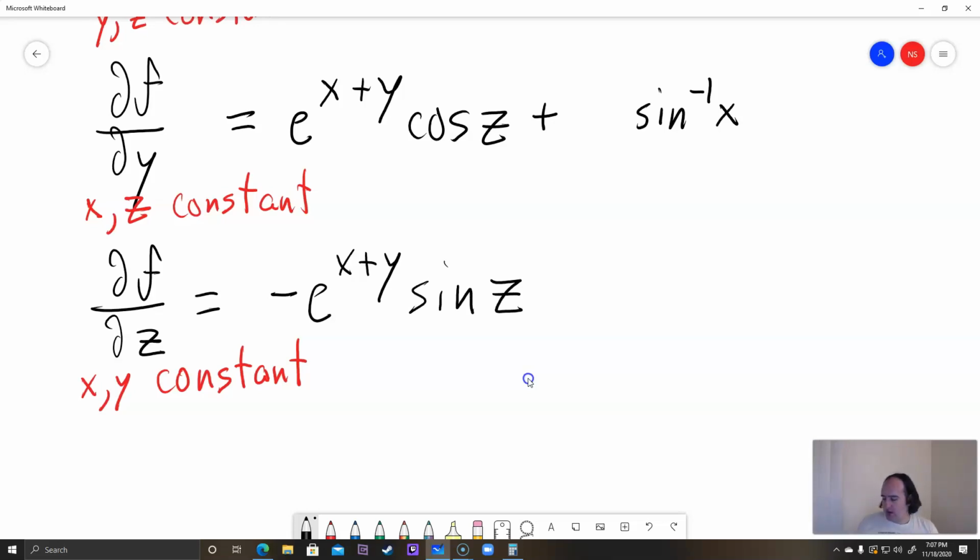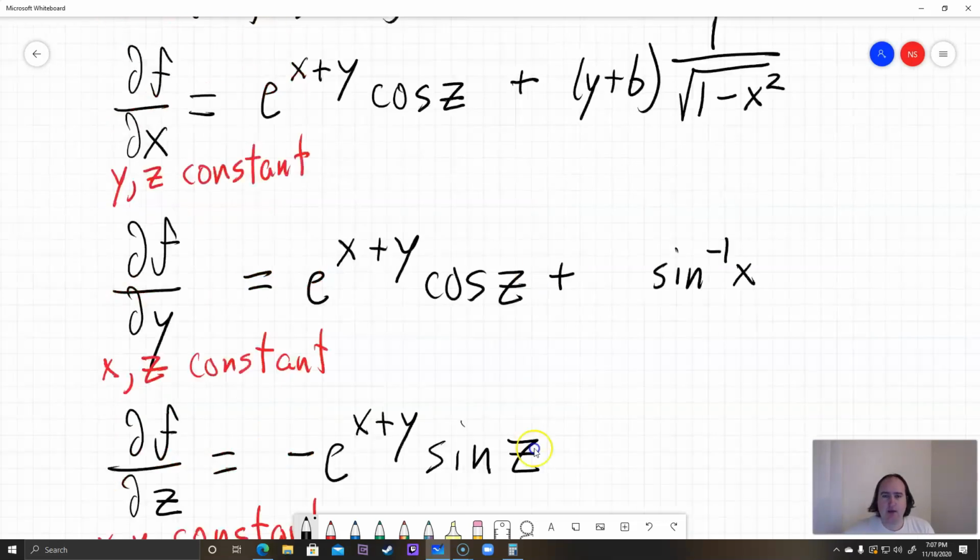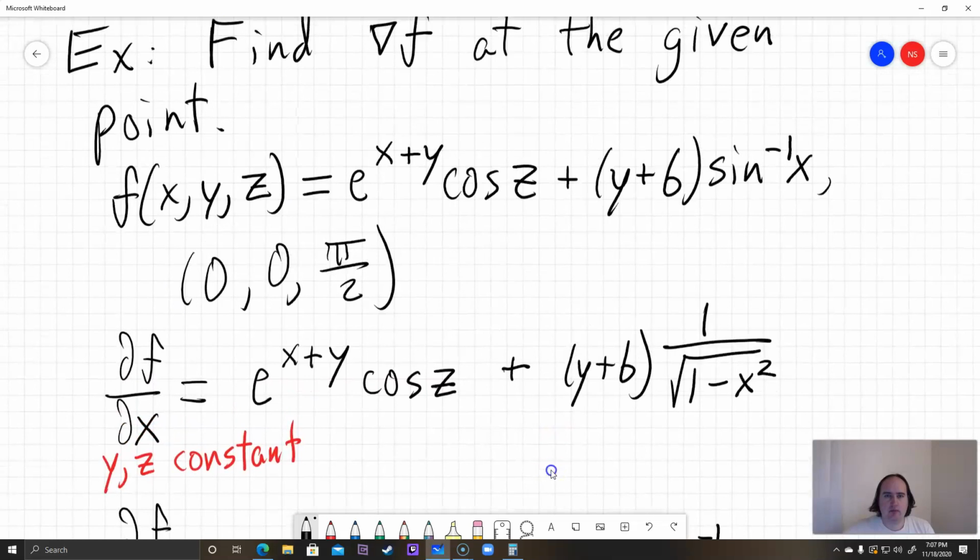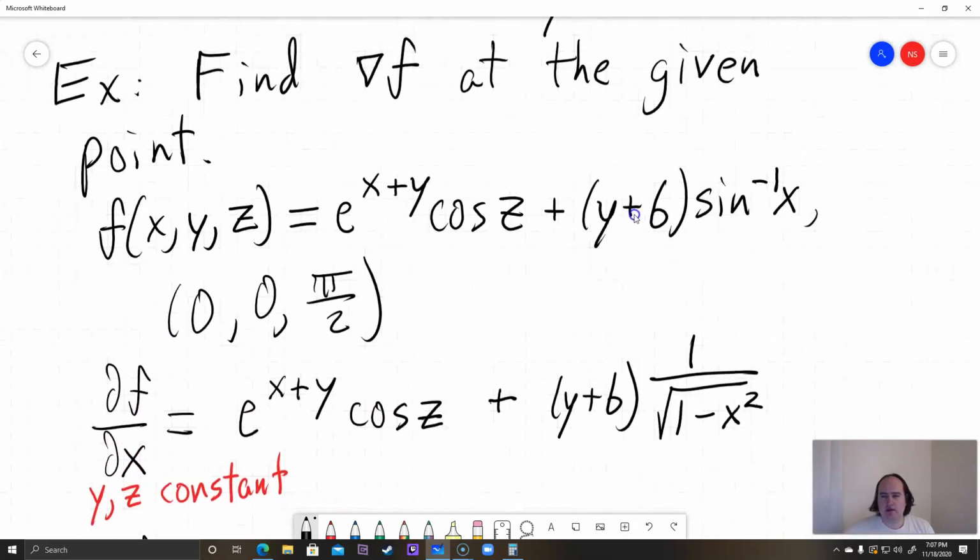Literally all we took the derivative of was the cosine of z, because that was the only part that wasn't constant. And then for the second term, we have an interesting situation. We know that x and y are both constant, and so that means sine inverse of x is constant, and it also means y plus 6 is constant. So this whole thing is constant.